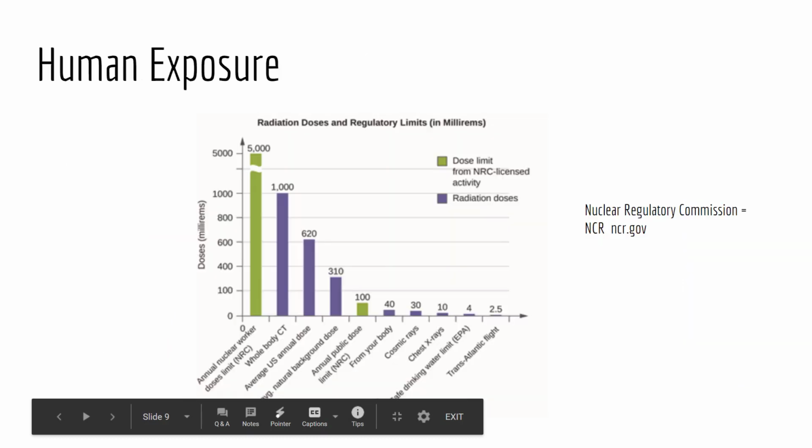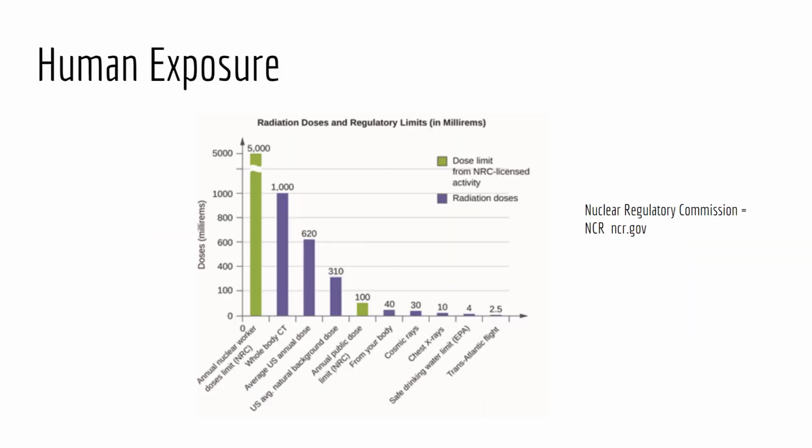So if you look at what some of the sources of radiation are that you're exposed to, you can look way down here at the doses that you have, and these are in millirem. REM stands for Roentgen equivalent man.